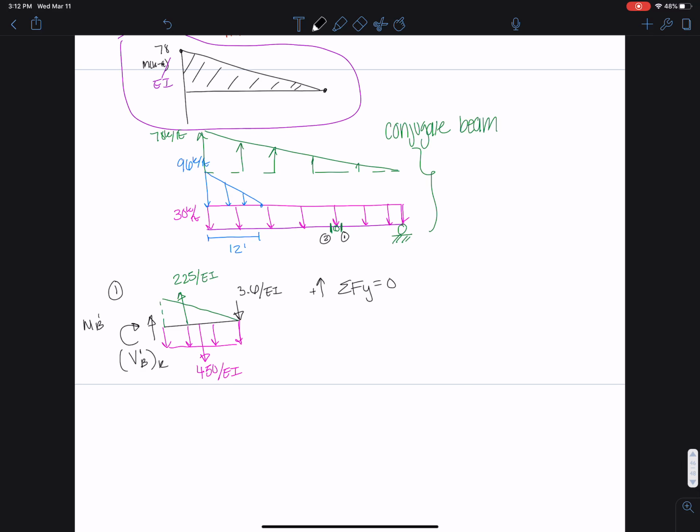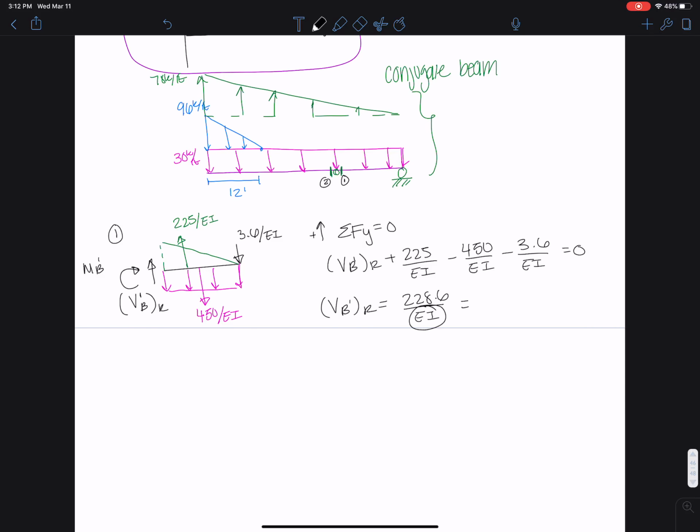We'll get VB prime, conjugate beam to the right, plus 225 over EI minus 450 over EI minus 3.6 over EI equals 0. And we end up getting VB prime to the right is 228.6 over EI. And if we plug in the EI that was given, we get 0.0378. And really we know that the shear for the conjugate beam is just equal to the rotation for the real beam. So this is the rotation at point B from the right, and we have 0.0378 radians.